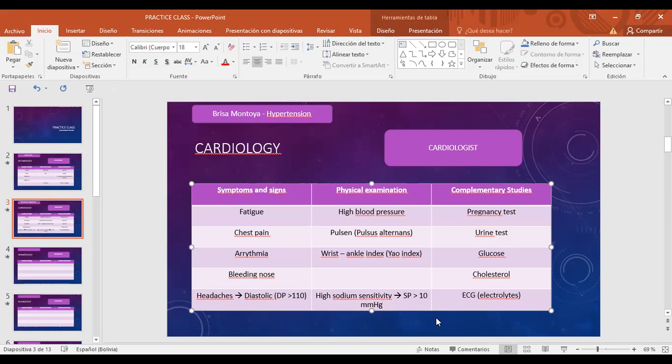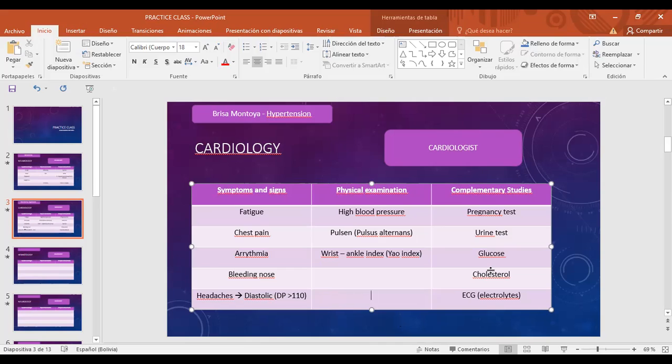So you measure a person's blood pressure, and then you give your patient a middle range load of sodium. If after this person takes the sodium the systolic pressure increases 10 millimeters, this person is sensitive to sodium. That's also going to be useful for you.